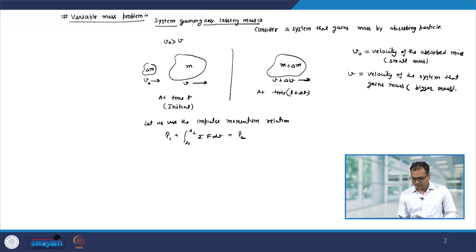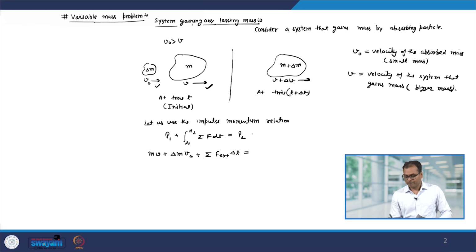Now here p1, which is the initial momentum, is the momentum of this particle and that particle. So we have mv plus delta m v naught. This is the momentum of the smaller and bigger particle initially, plus summation F external dt equals the final momentum, which is m plus delta m times v plus delta v.